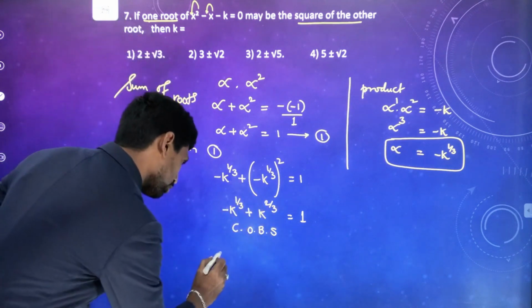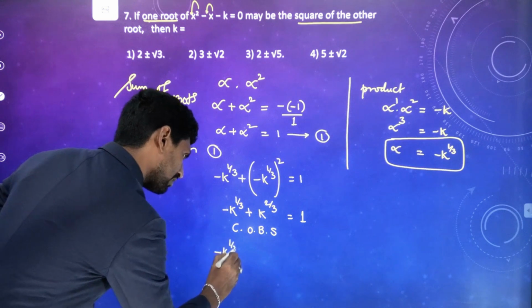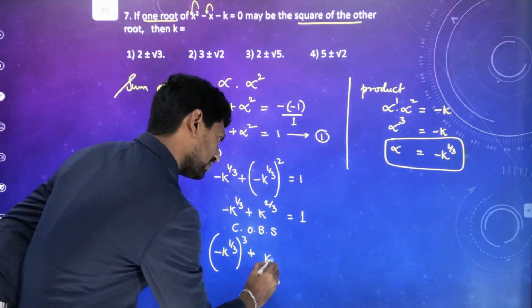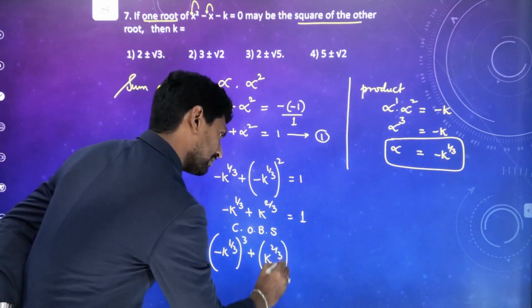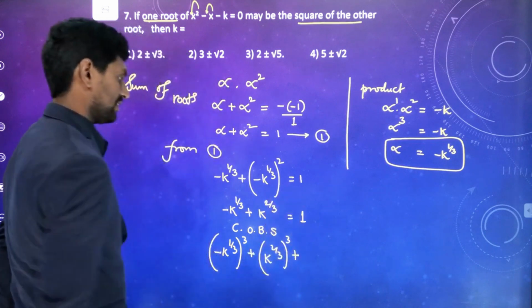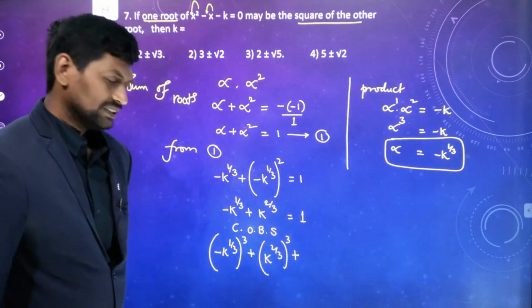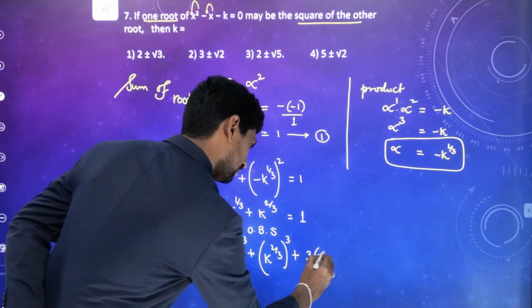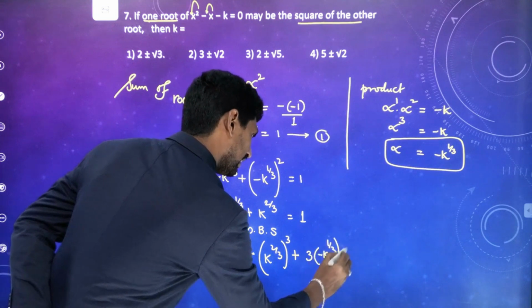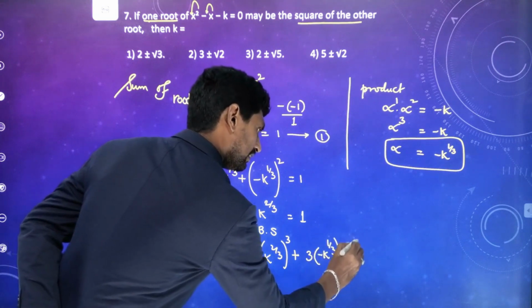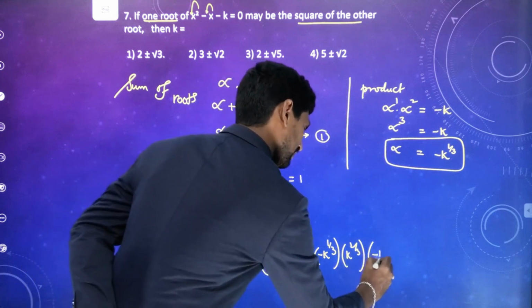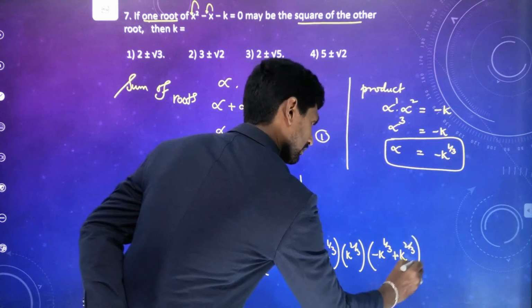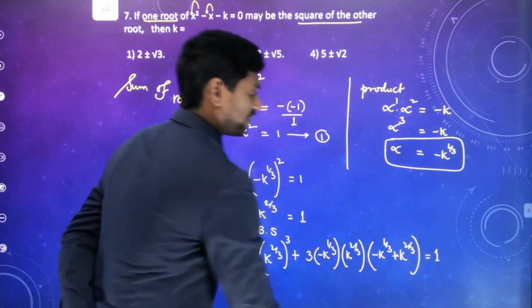I am writing directly a cube plus b cube plus 3ab into a plus b, that is equal to 1 cube means 1 only.